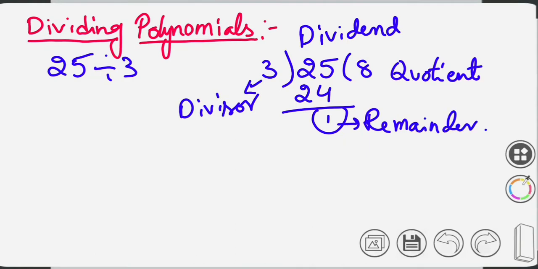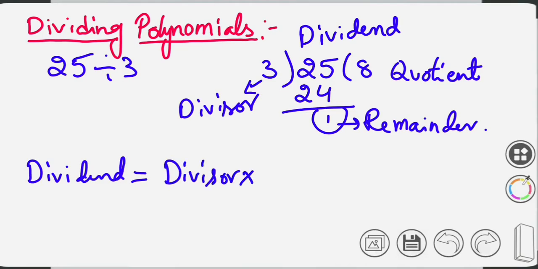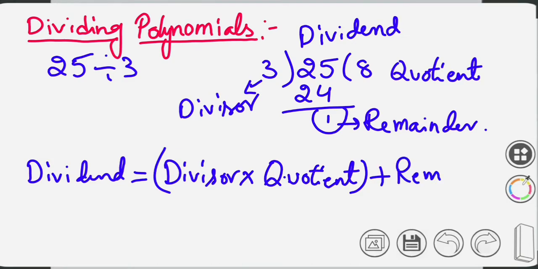And here the divisibility rule is: dividend is equal to divisor into quotient plus remainder. This is the divisibility rule.